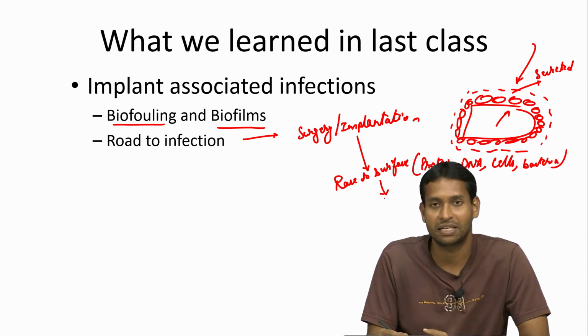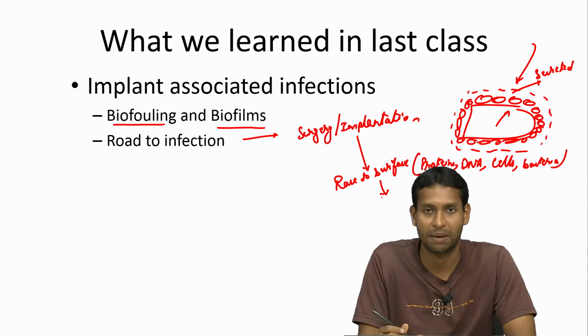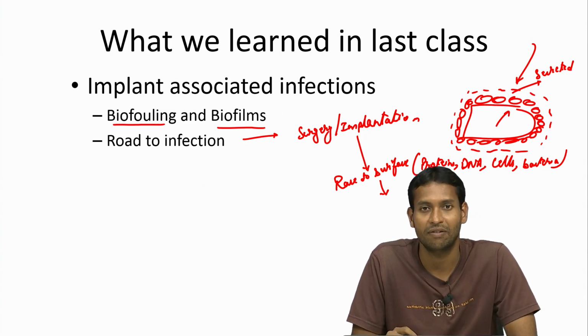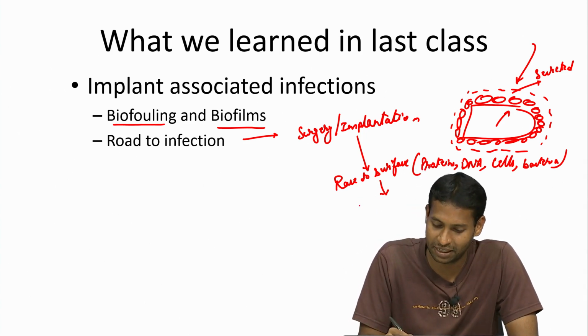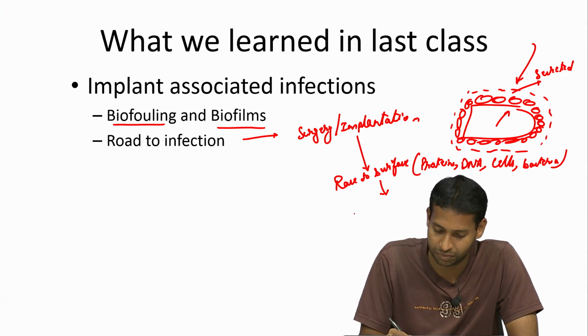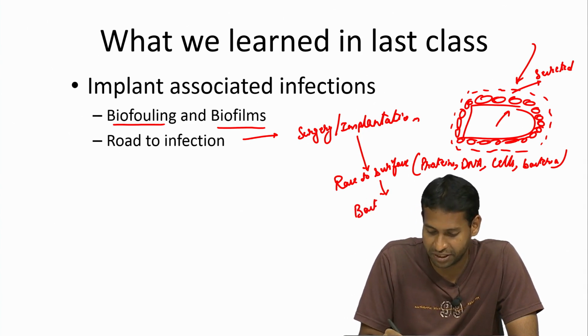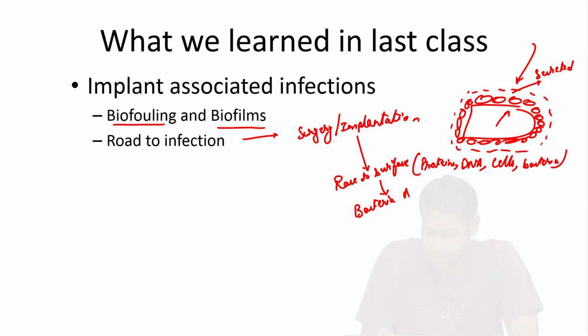Once that has happened, and let us say a bacteria does win this race, which happens in quite a few of the cases, then the bacteria goes ahead and starts to adhere to the surface. Once the bacteria adheres, it can start colonizing, essentially forming these biofilms.